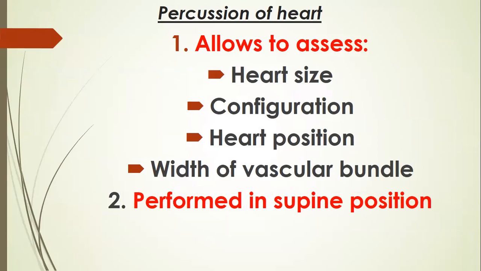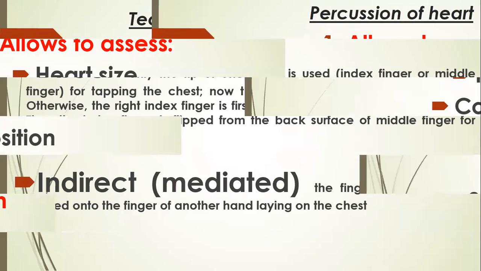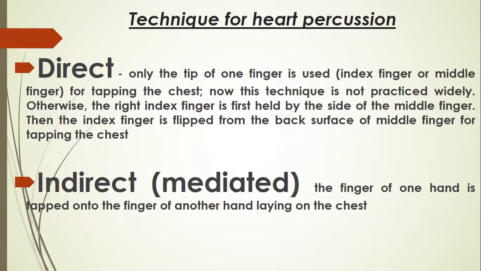Percussion of the heart allows us to assess the heart size, configuration, heart position, and width of the vascular bundle, and is performed in supine position. There are several techniques of heart percussion, direct and indirect.